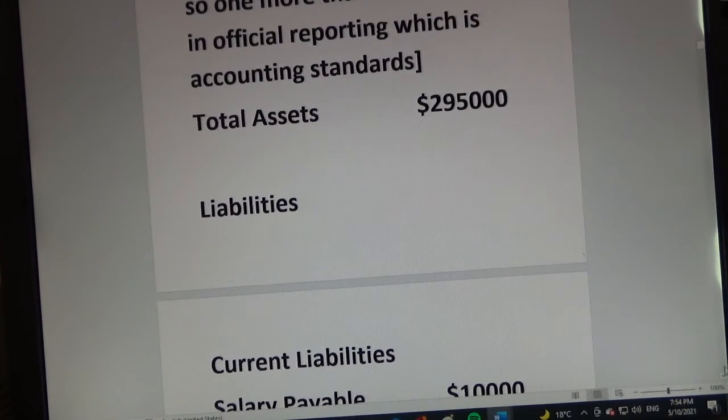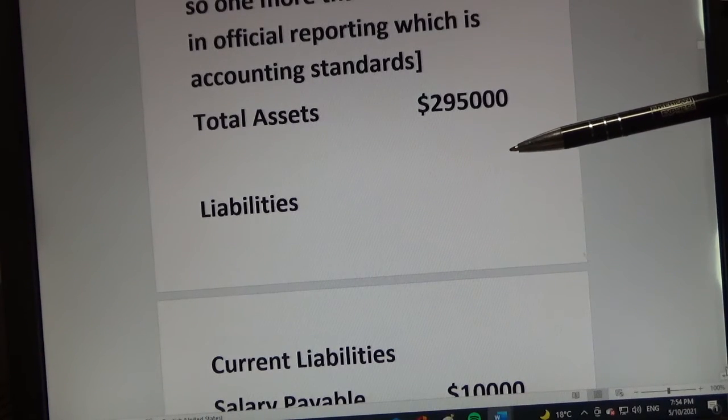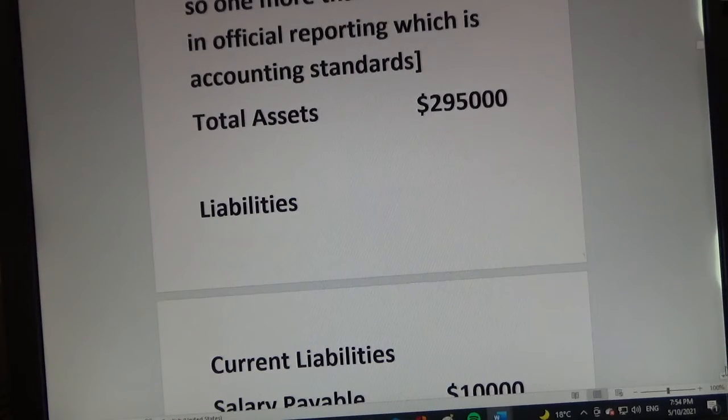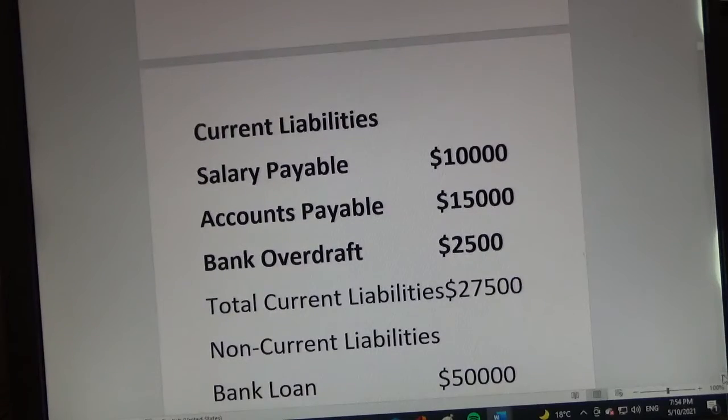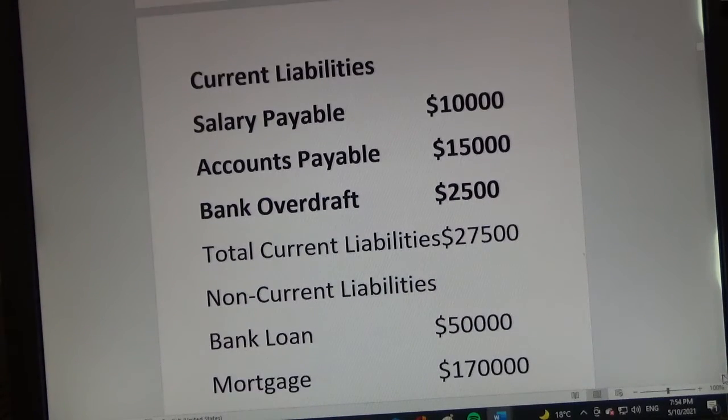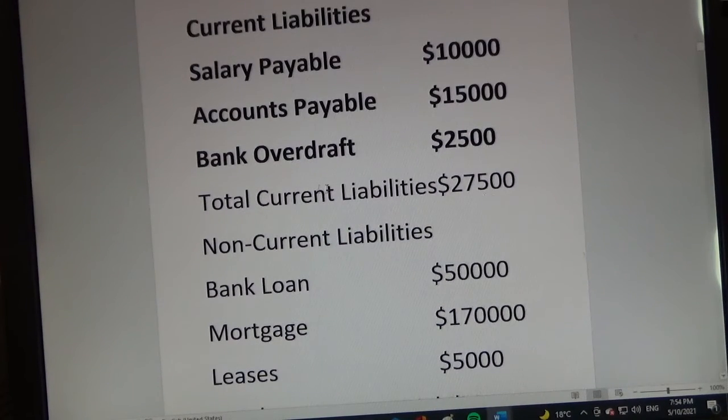So we add up both the current assets and the total non-current assets. It gives us that figure, $295,000, and now we list the liabilities. We start with the current liabilities: salary payable, accounts payable, bank overdraft. Then you get a figure for total current liabilities.